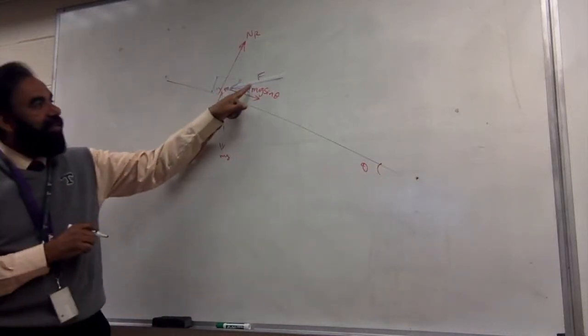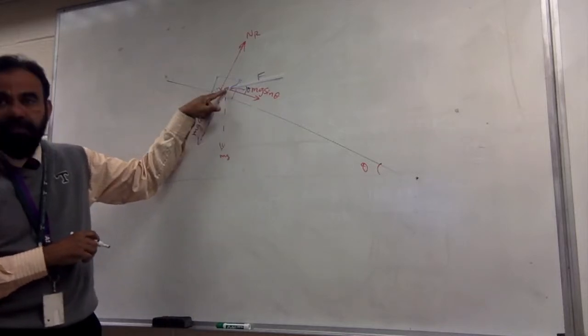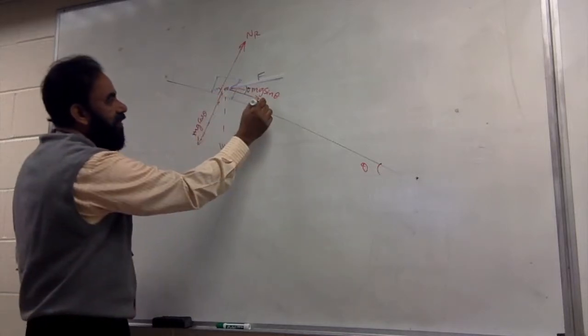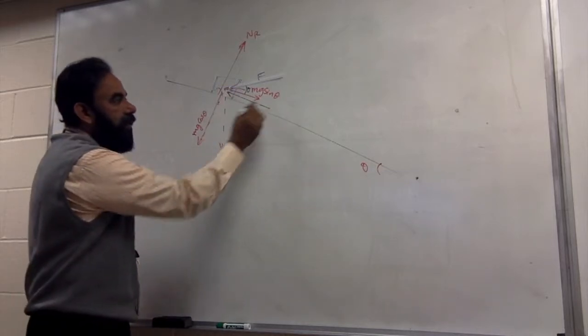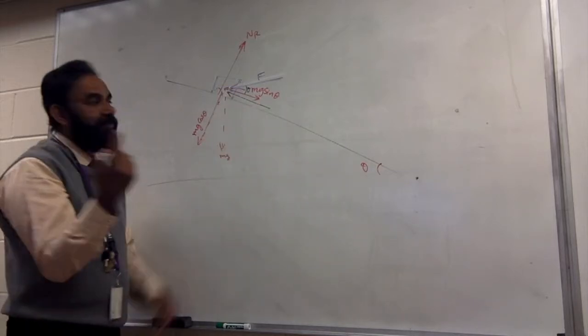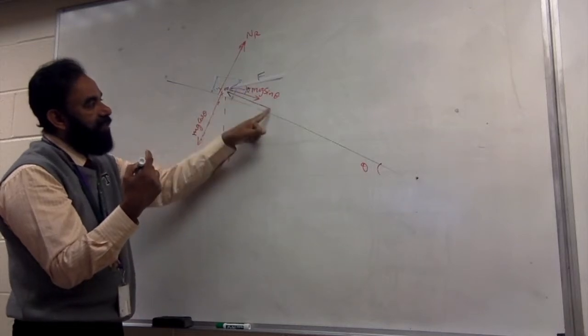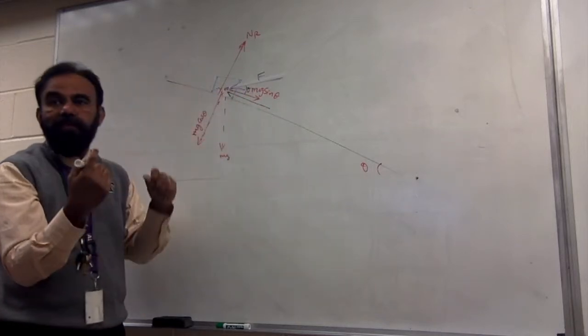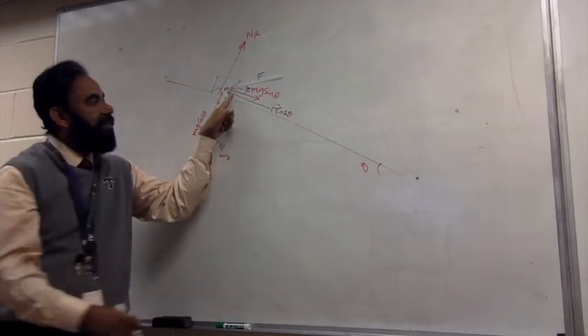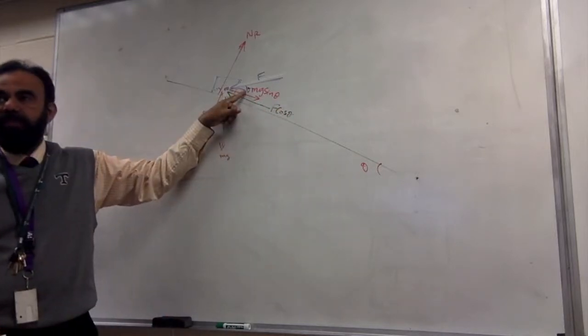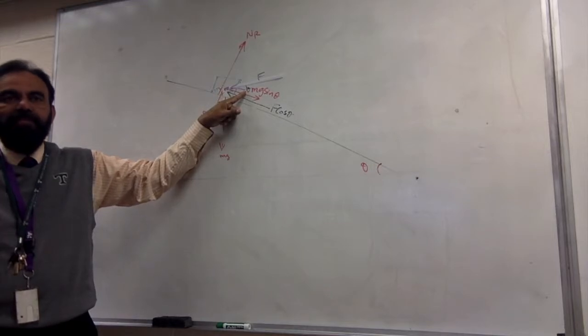Now tell me how much of this F is acting up along the plane? F what? Cosine theta, because this side is adjacent to theta. So always look at that term, adjacent or opposite. That will tell you what it is.